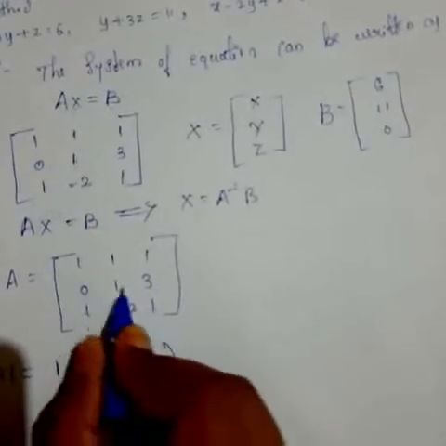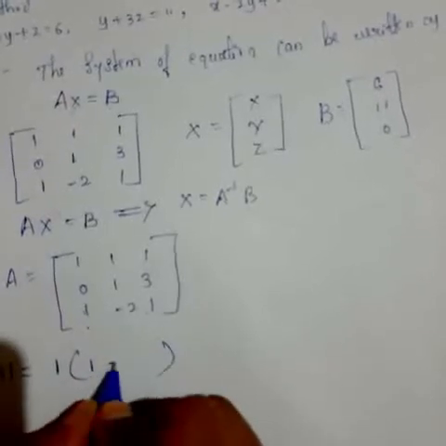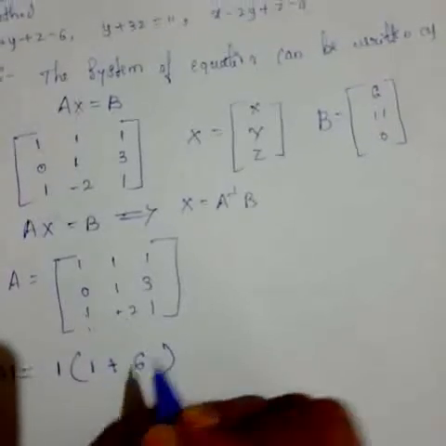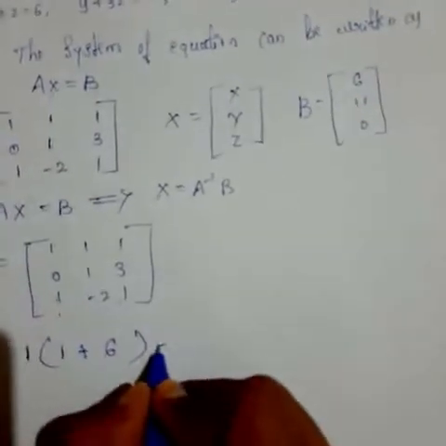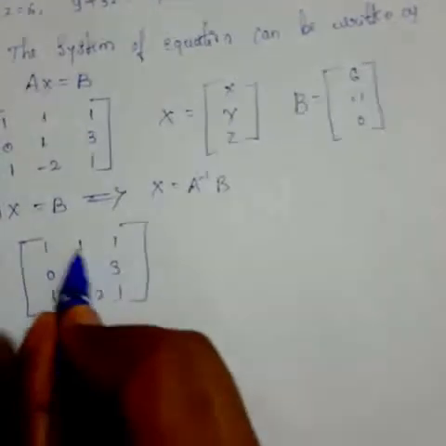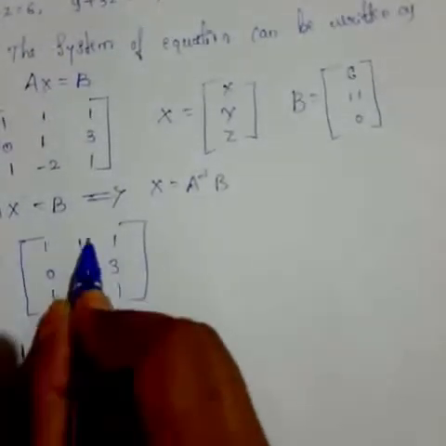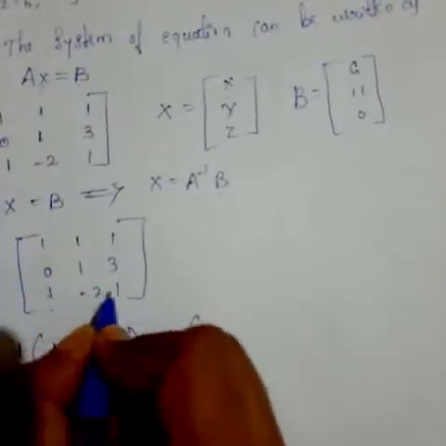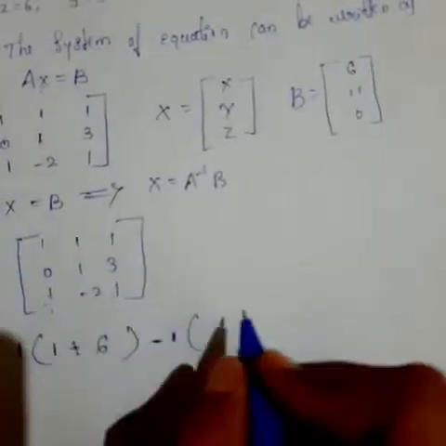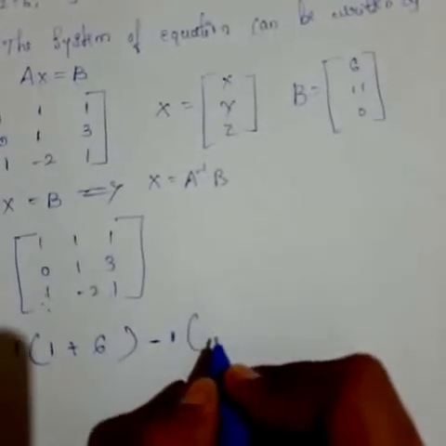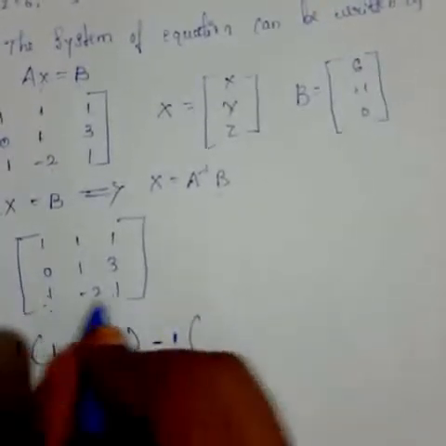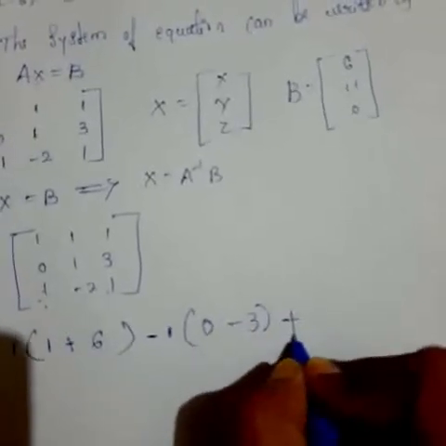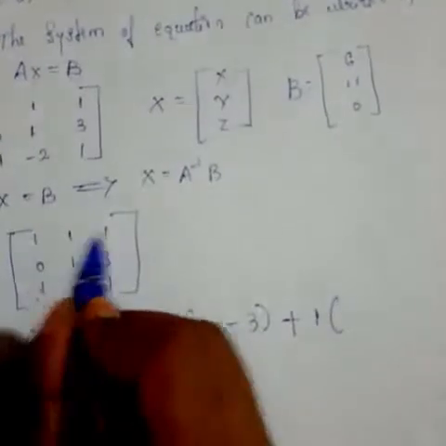By cross multiplication, 1 into 1 is 1, minus 2 into 3 is minus 6, minus into minus is plus 6. Then we put the alternating sign, that is negative. First row, second column is 1, and the remaining matrix is 0, 3, 1, 1. Its determinant is 0 minus 3, then plus 1 as it is.